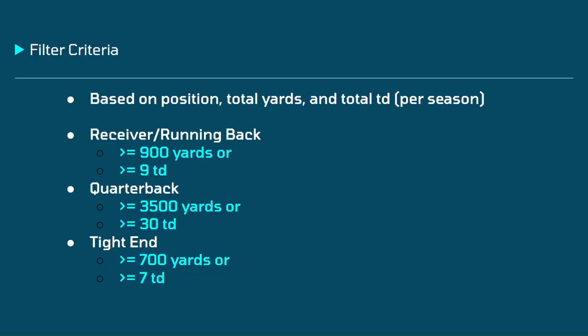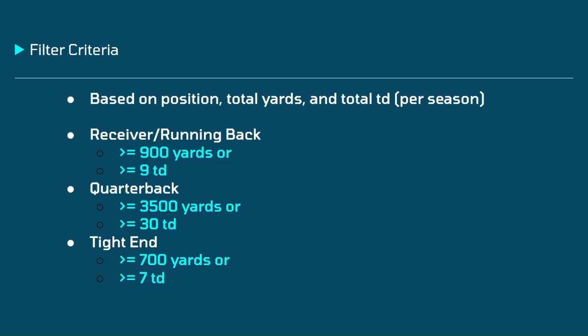So the criteria for a player to be able to see their stats is based on what position they are, their total yards, and total touchdowns year over year. So for a receiver or running back, the criteria for a season is greater than or equal to 900 total yards or greater than or equal to 9 touchdowns.